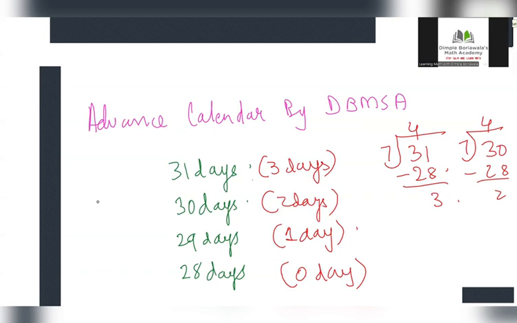Now, again, very important information. When I say 3 days will come 5 times in a month, the first, second, third dates of the month will come 5 times.